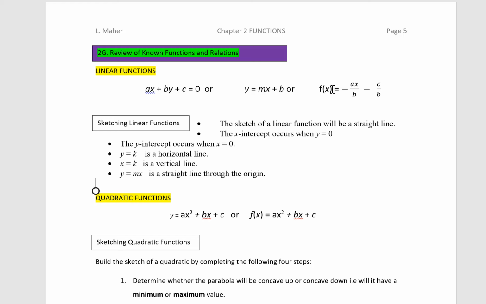All relationships and patterns in algebra that can be represented by an equation can also be graphed. And using the graphical representation of the relationship or pattern is essential for some aspects of maths that we're going to look at. And it just gives us another picture.